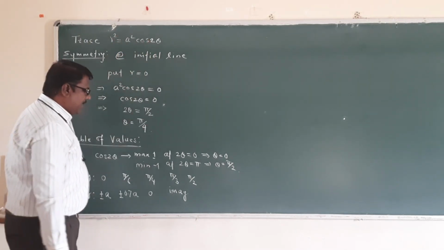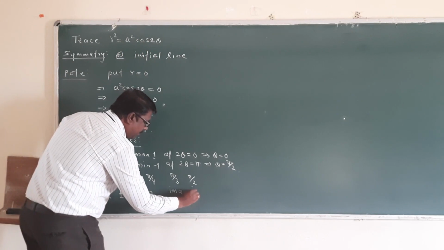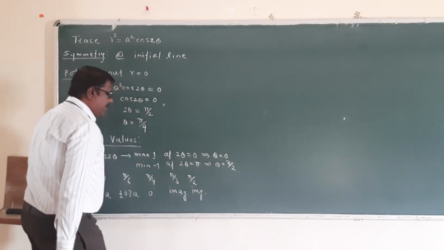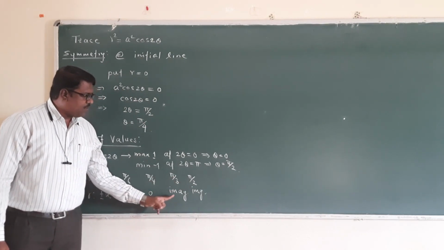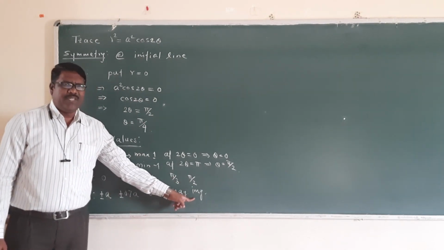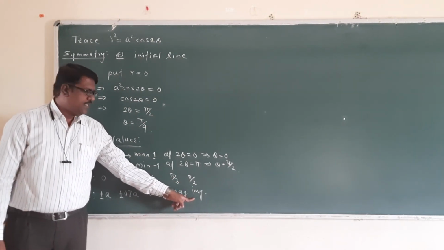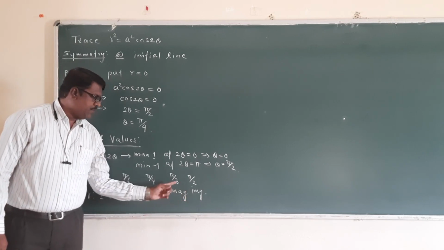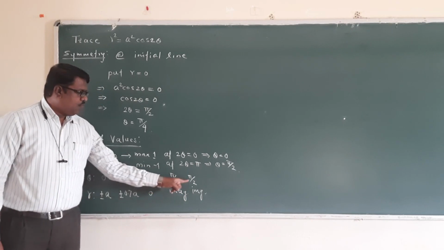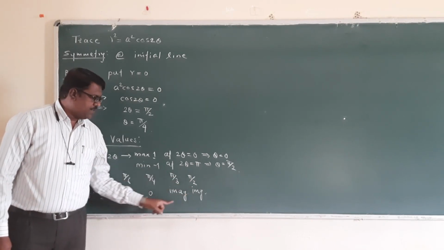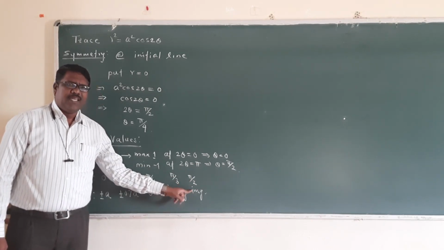It means r is again imaginary. Okay, so for some values of theta we got imaginary values of r. It means the curve is absent in this region from pi by 4 to pi by 2. The curve is absent because the values of r are imaginary.